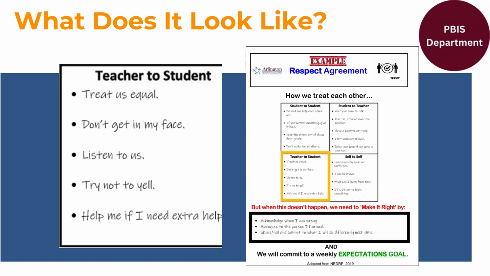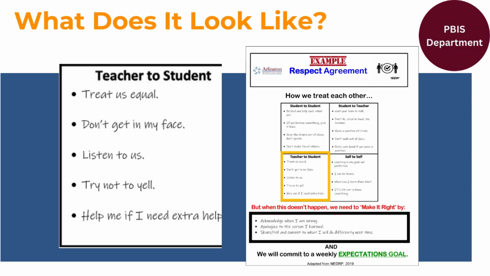This is an opportunity to collect the needs of all of your students and, as a community, come up with several strategies that you're going to incorporate in this respect agreement. Students may say things such as treat us as equals, listen to us, or try not to yell. Now we get to really get our students' voice on what they need to feel safe in this environment. Suzanne, is there anything you want to add to this quadrant?